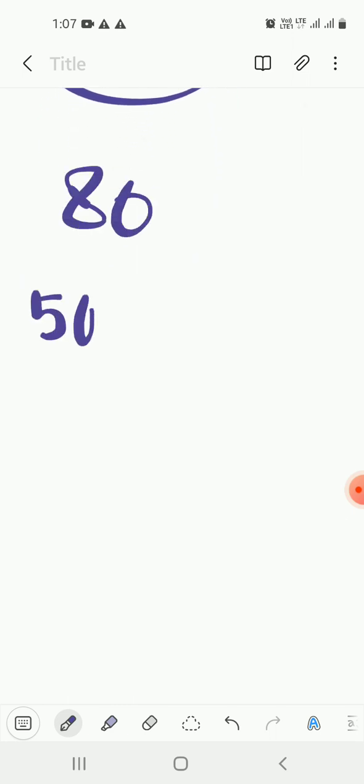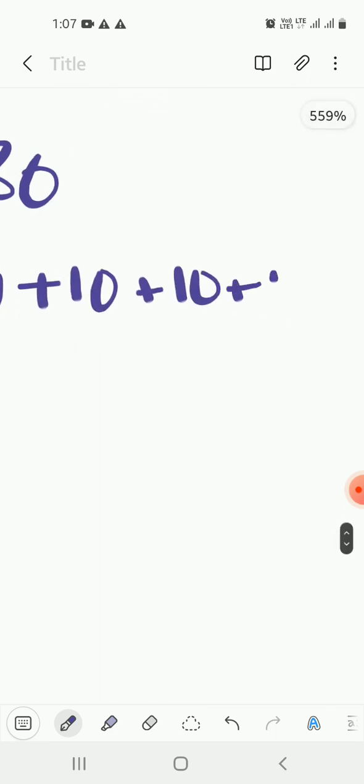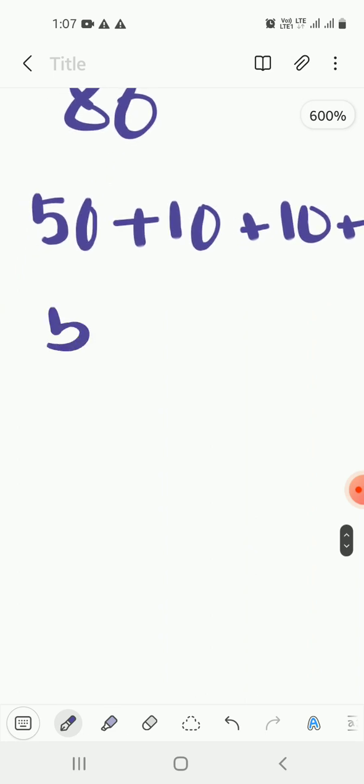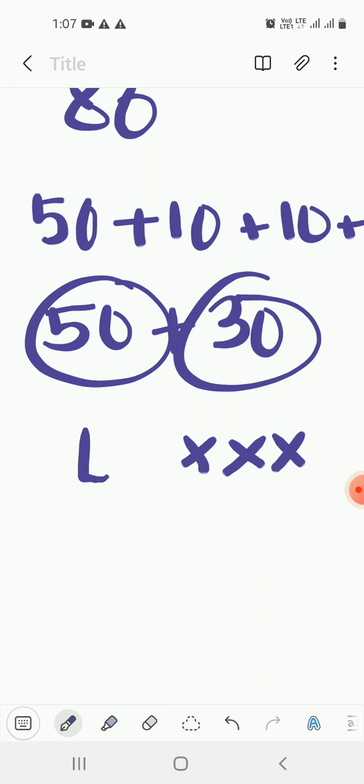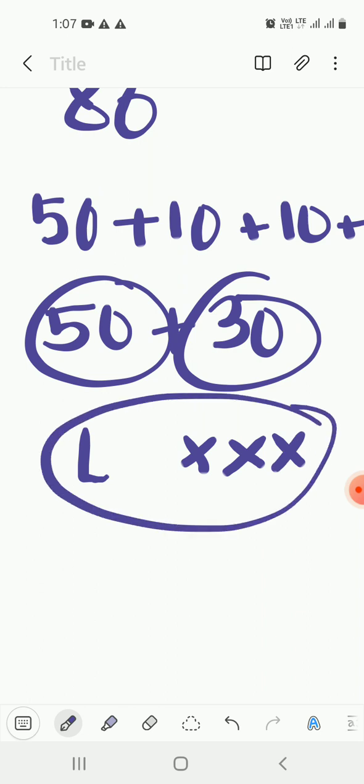For 80, it would be 50 plus 10 plus 10 plus 10. There is another approach to it. You can also think of it as 50 plus 30. We write 50 like this, and 30 as X X X, as we have already learned. So together this becomes 80.